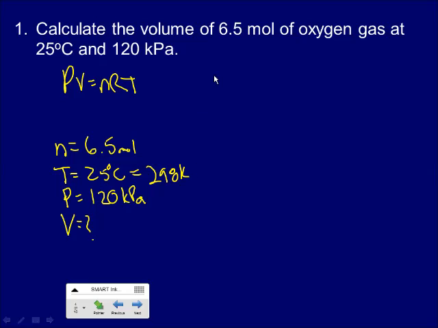So PV equals nRT. I can put that information in. 120 times V, n 6.5, R 8.314, and the T is 298. Now, for those of you who like to rearrange equations, that's great.